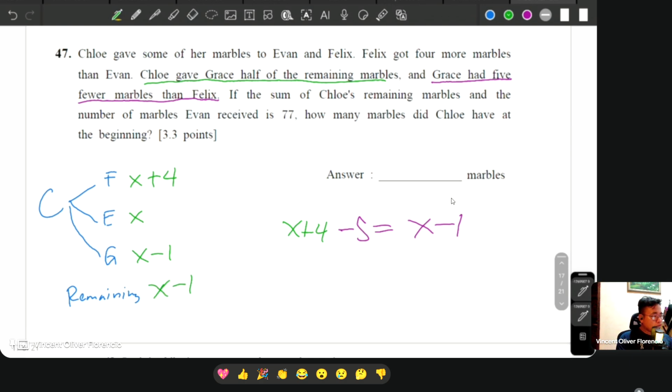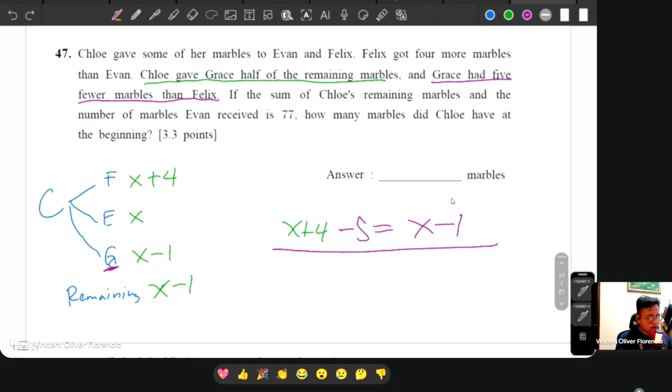I will repeat. Initially, she gave to Felix and Evan, right? And then she gave to Grace. Now, what she gave to Grace is 5 fewer than Felix. This one is going to be X minus 1. But take note, this is half of the remaining. So, whatever you have here for Grace should be the same as the remaining, because she just gave half of what she had a while ago.